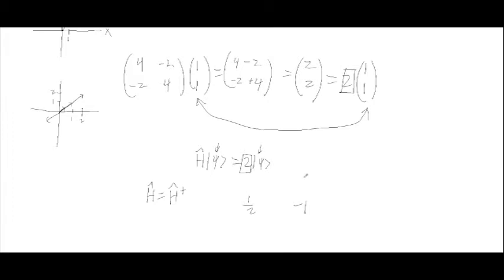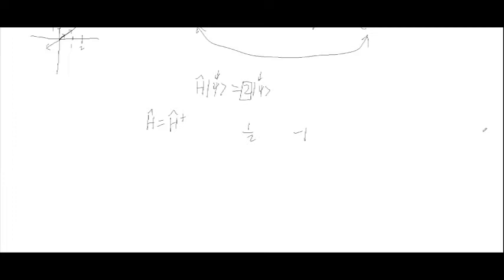And so something else I forgot to mention in the video on eigenvalues and eigenvectors, which is an interesting property, is that the sum of all the eigenvalues, which is our lambda, is equal to the trace of our matrix operator.